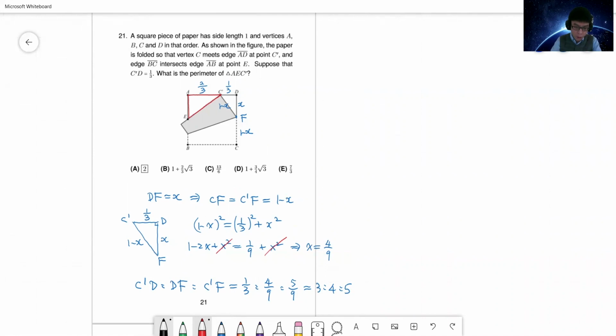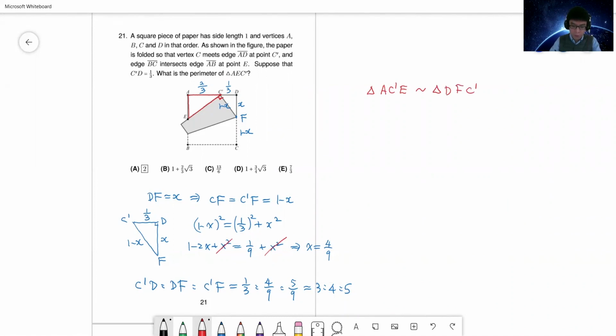Because angle EC prime F is a right angle, we have that triangle AC prime E is similar to triangle DFC prime.